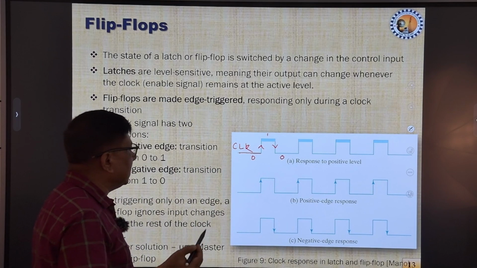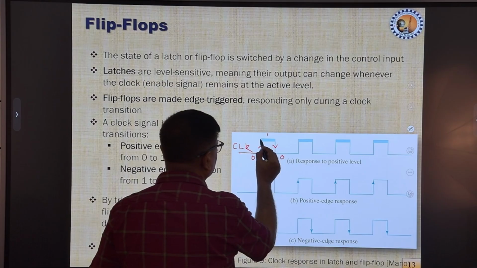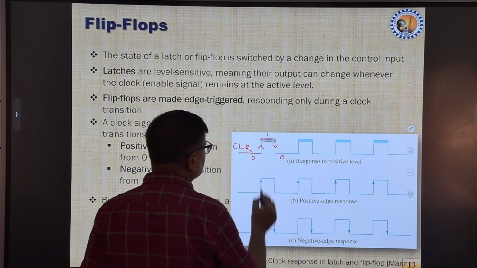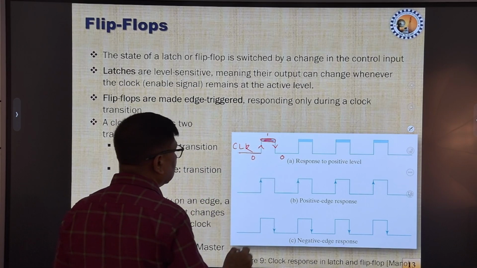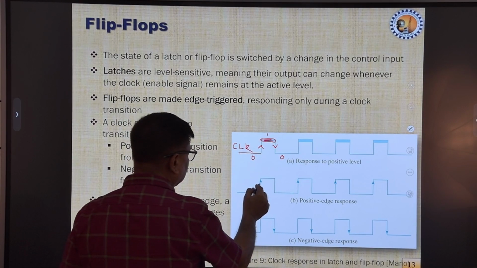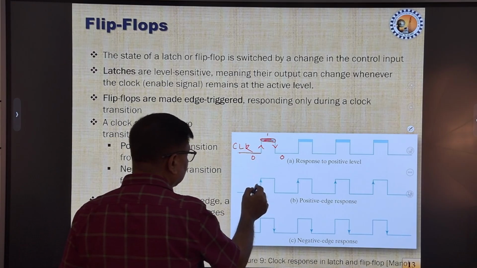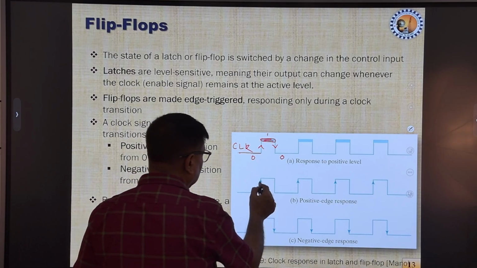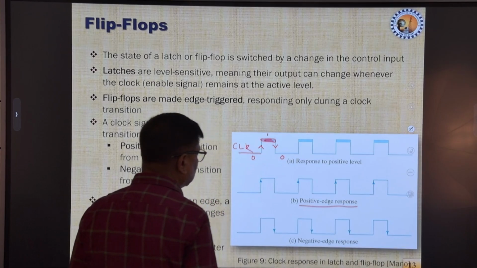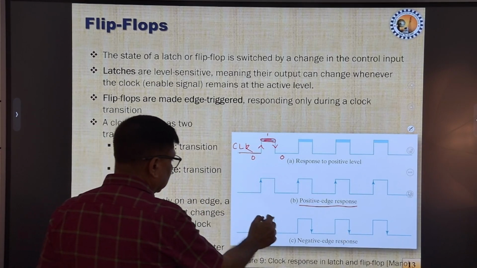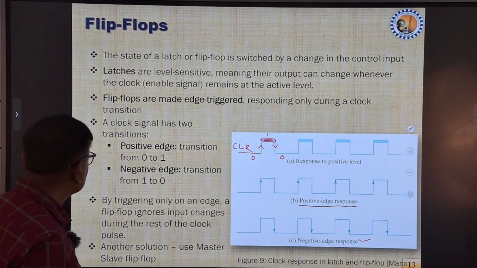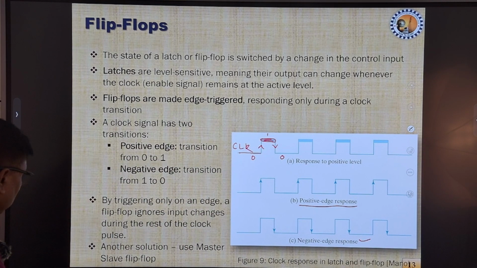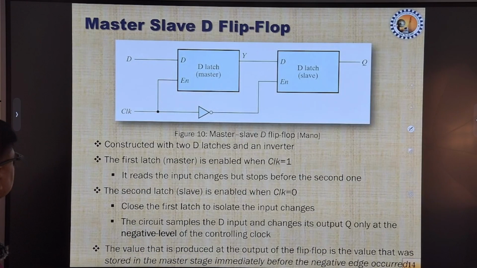Any digital circuit that responds to a positive level is called level triggered. Any circuit that responds to the positive edge of the clock is called positive edge triggered, and the other one is negative edge triggered. So a flip flop is basically an edge triggered device.